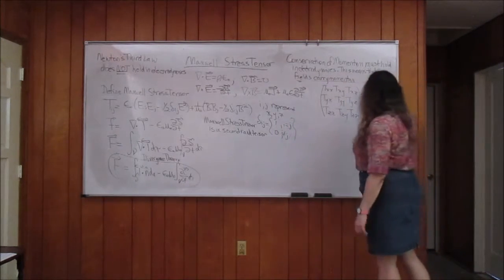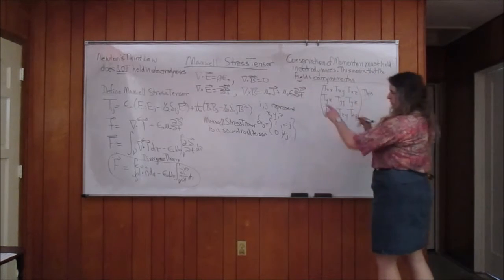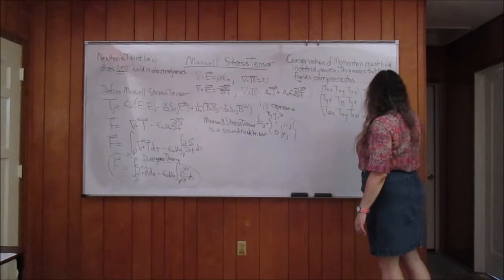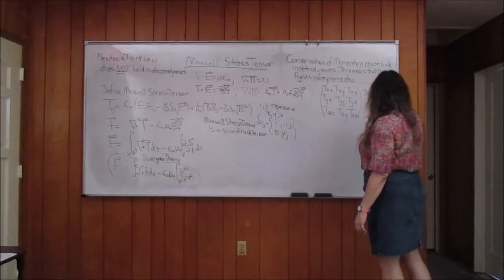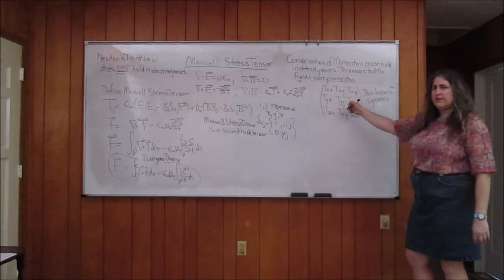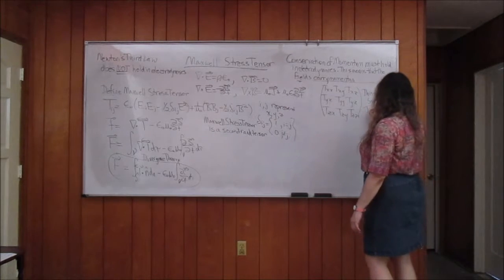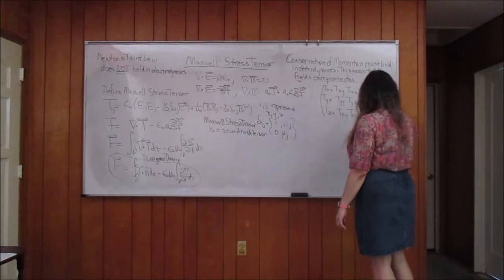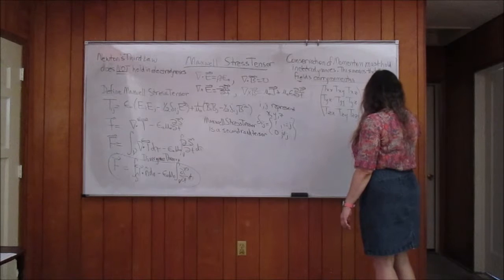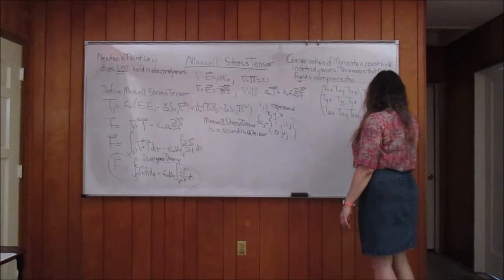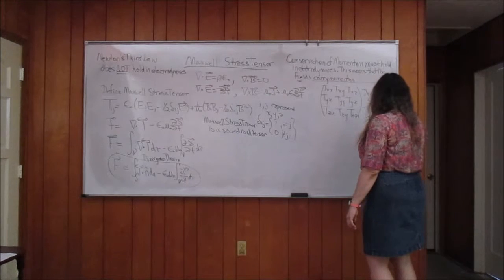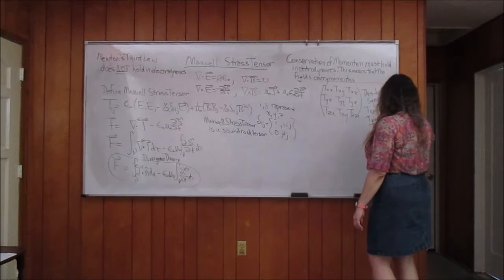And notice that this tensor, actually you can see it from that form over there, is symmetric. So what that means, of course, is that the xz component is equal to the zx and the xy is equal to the yx. And the yz is equal to zy.